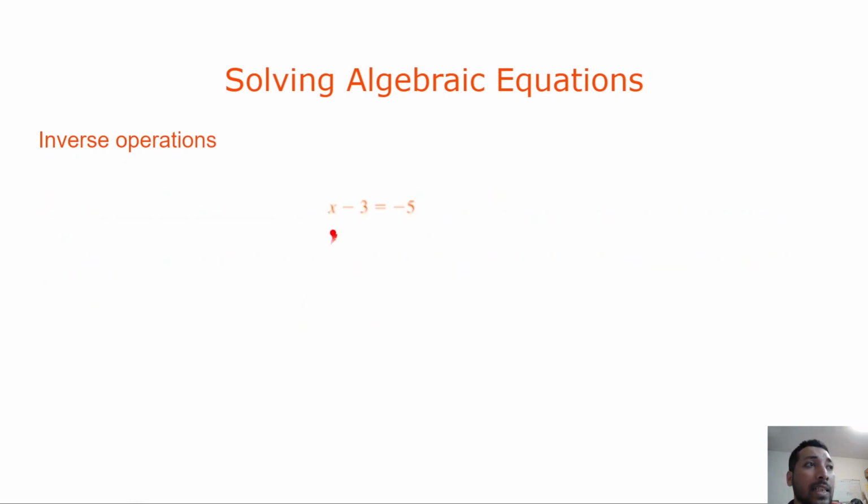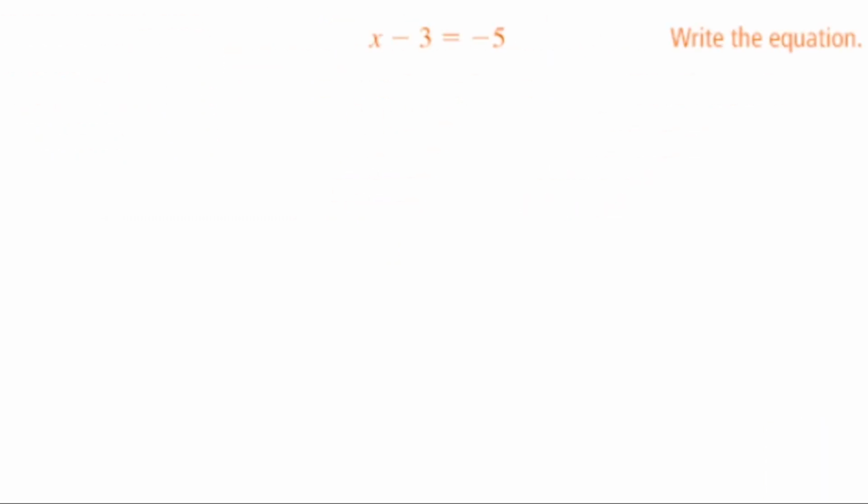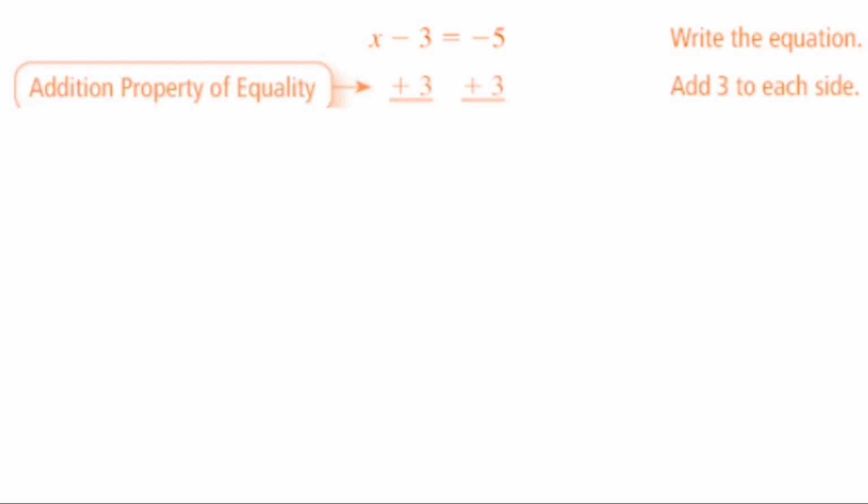Let's see this example over here. We have x minus 3 is equal to negative 5. First, we write the equation. Now we see the operation between x and 3 is subtraction. So we use the inverse operation. The inverse operation of subtraction is addition. So we use the addition property of equality on both sides. We add 3 to each side.